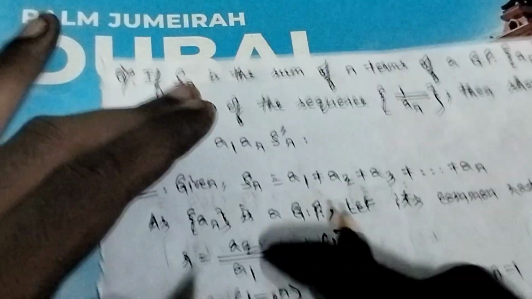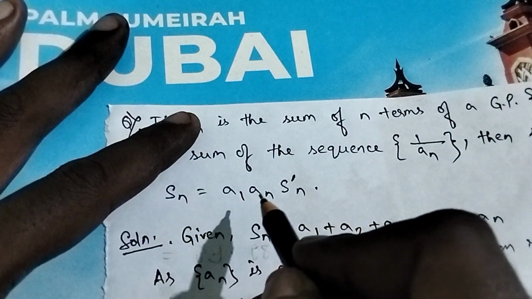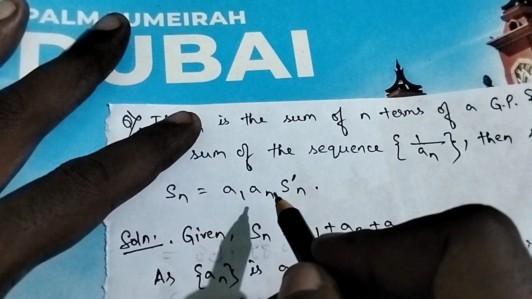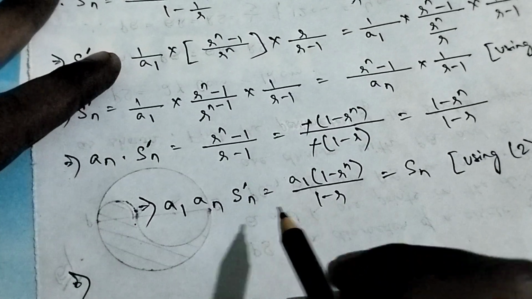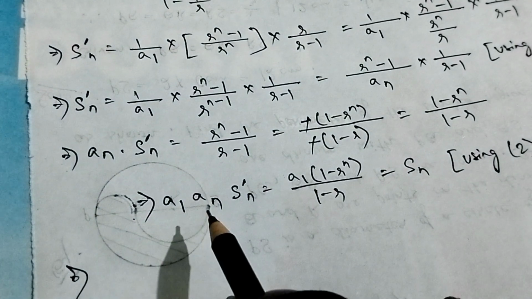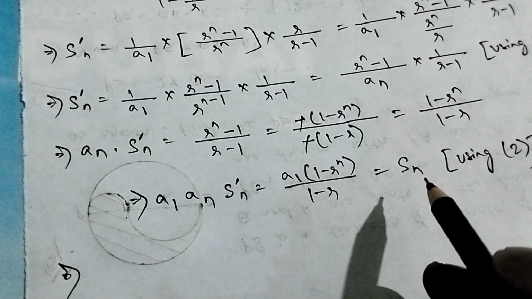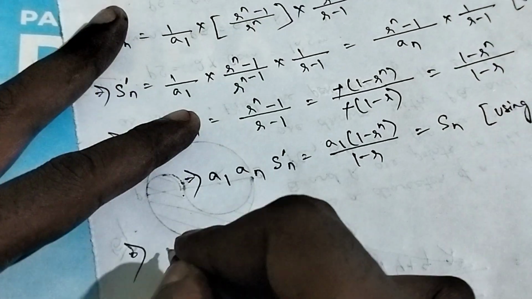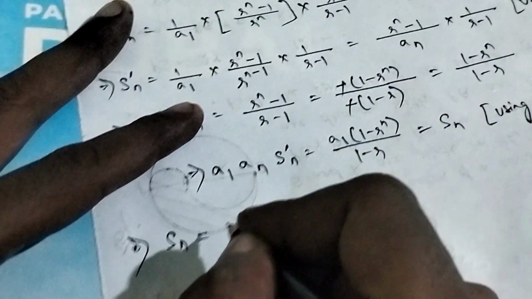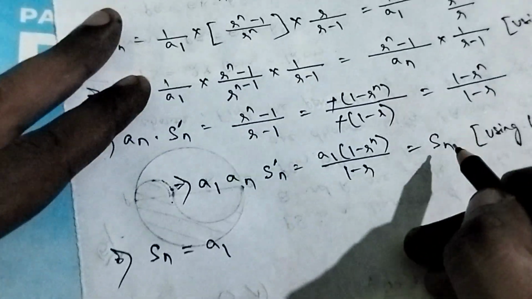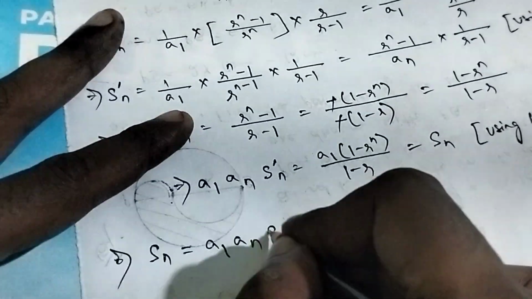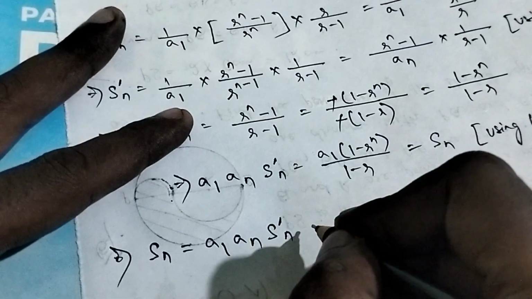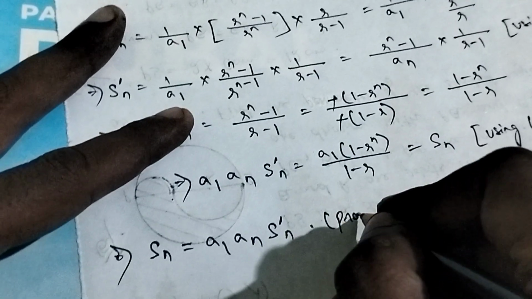What has been asked? Sn is equal to a1 an s dash n. So we have got a1 into an into s dash n is equal to Sn. Okay, so proved.